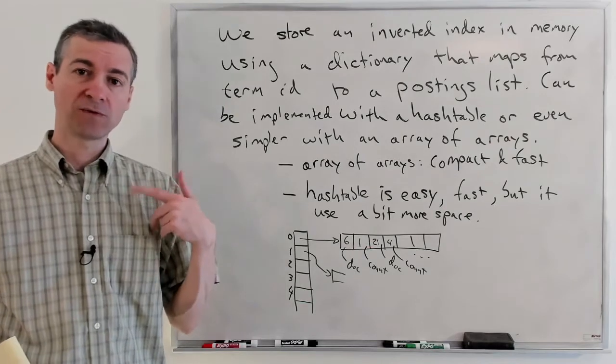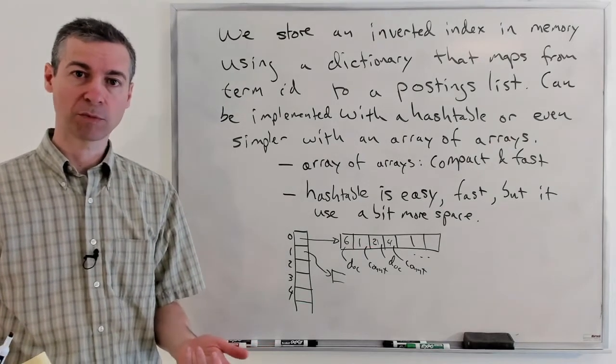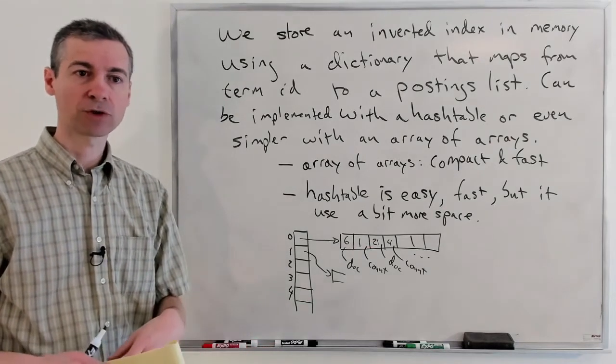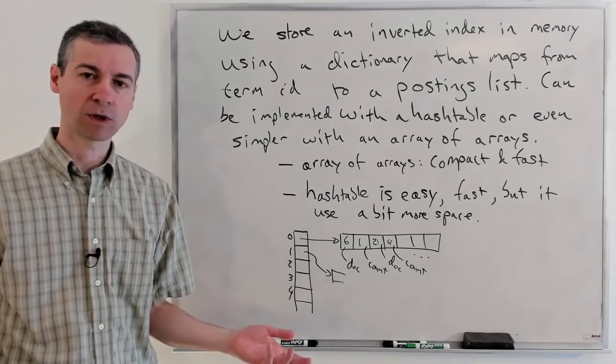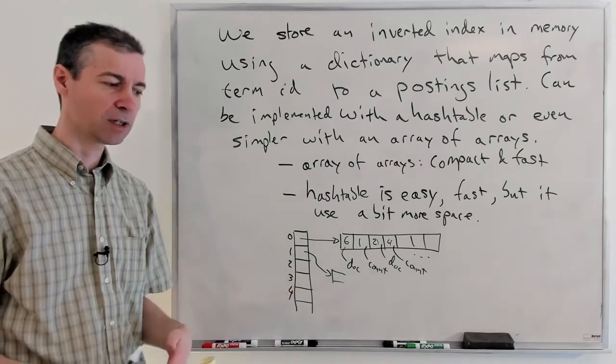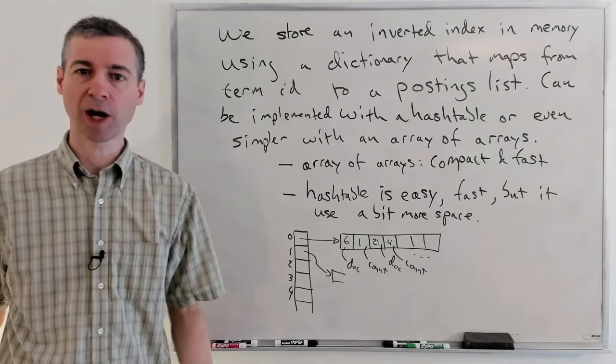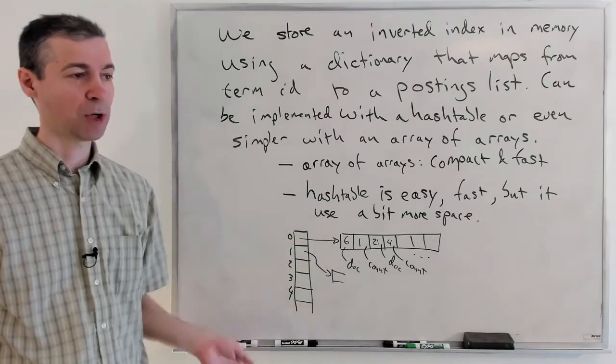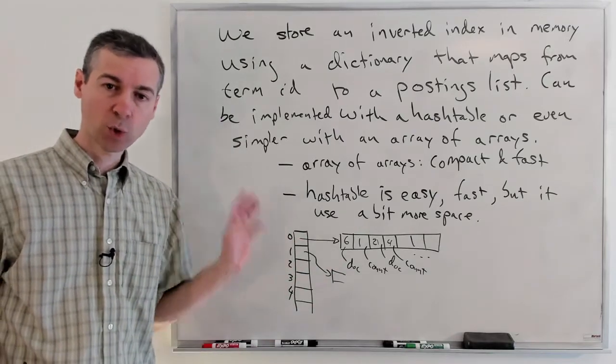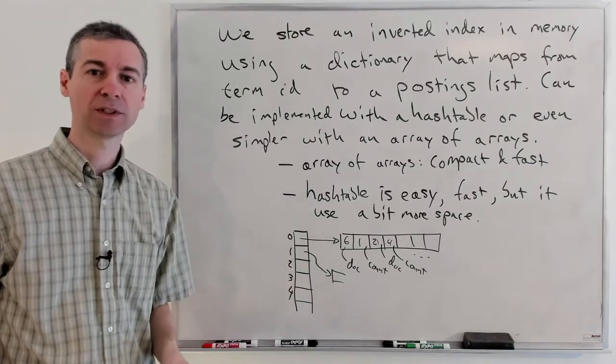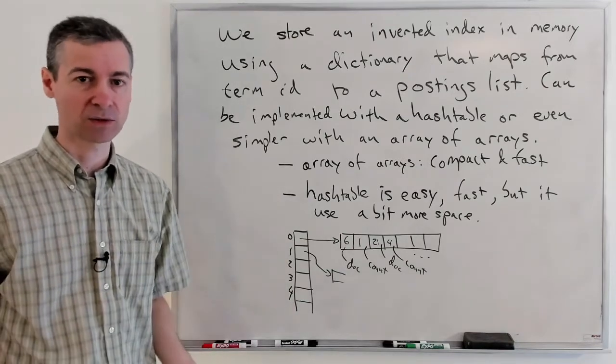The moment they fail to get the constant time access to the postings, their retrieval times go to pot. Their indexing times go to pot because we actually need to look up posting lists quickly as we build the inverted index. Otherwise, that takes too long.